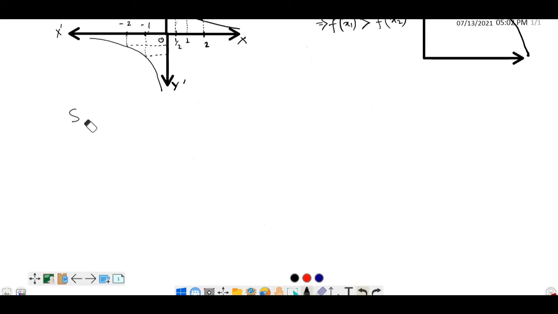So what will be the case of a strictly decreasing function? Let us see.